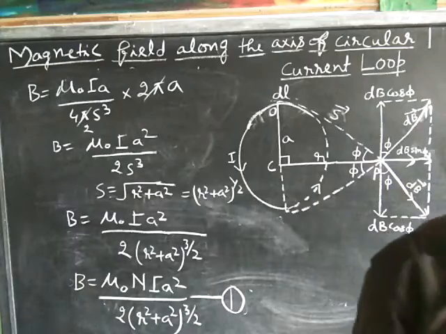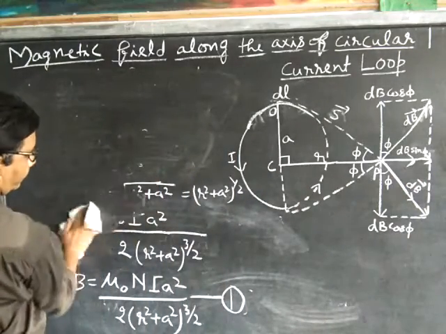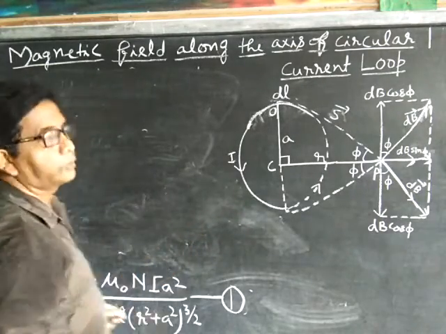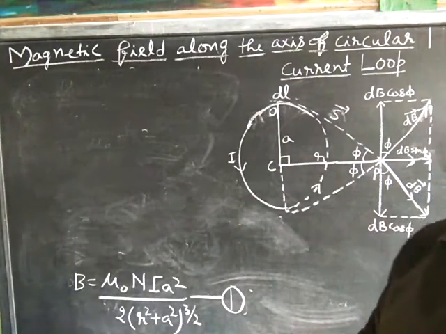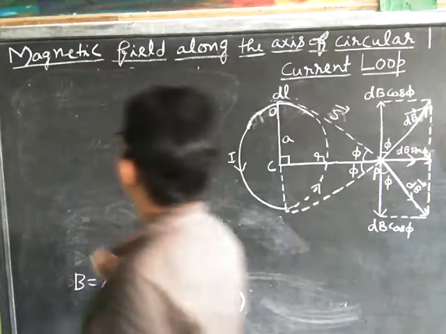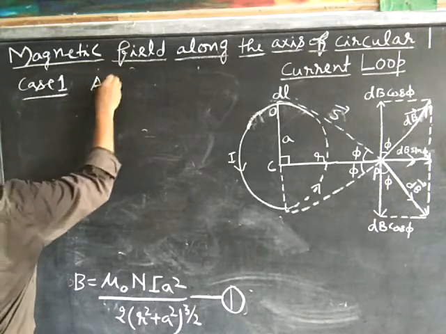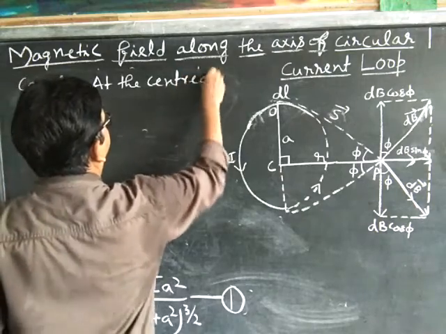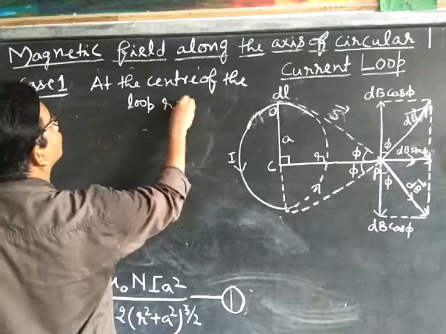Now we will take case first: at the center of the loop, R is equal to 0.